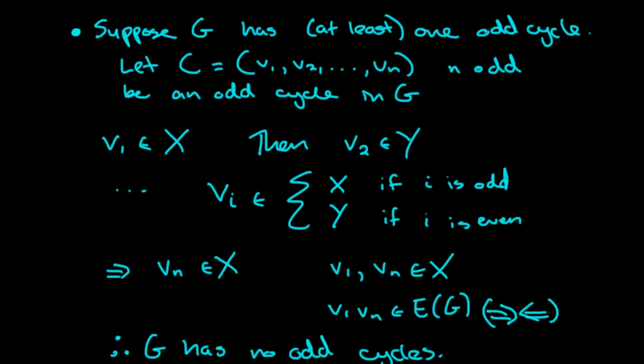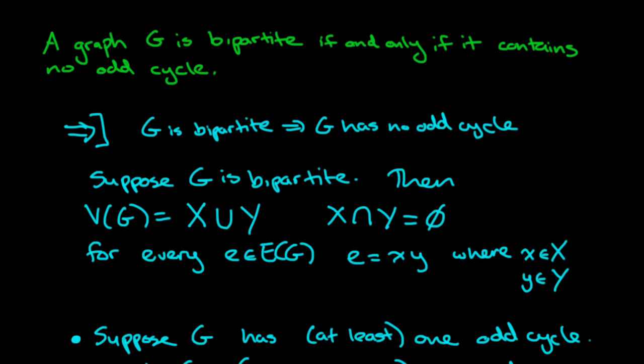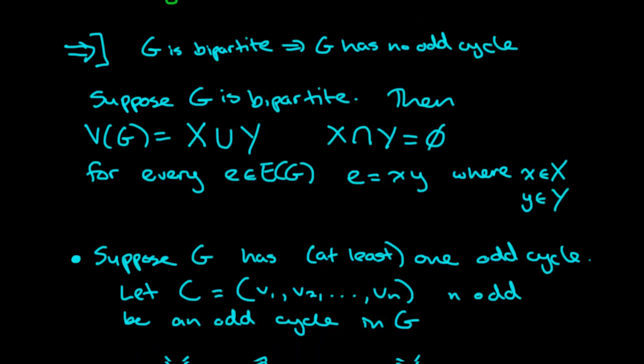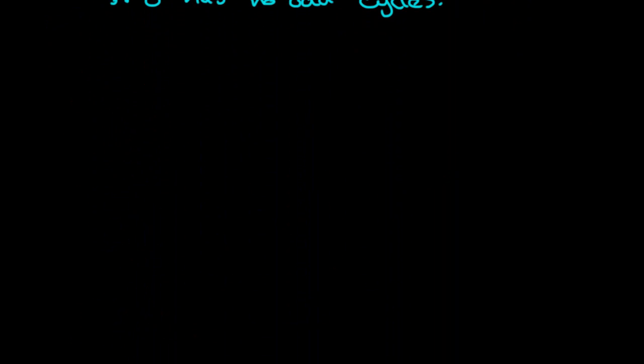So let's go back up to the main thing that we're trying to show. We're trying to show that a graph is bipartite if and only if it contains no odd cycle. And we just showed one direction. So now we have to go ahead and show that if it has no odd cycles, then it is bipartite. So let's write this portion using purple. We want to show that no odd cycles implies bipartite.